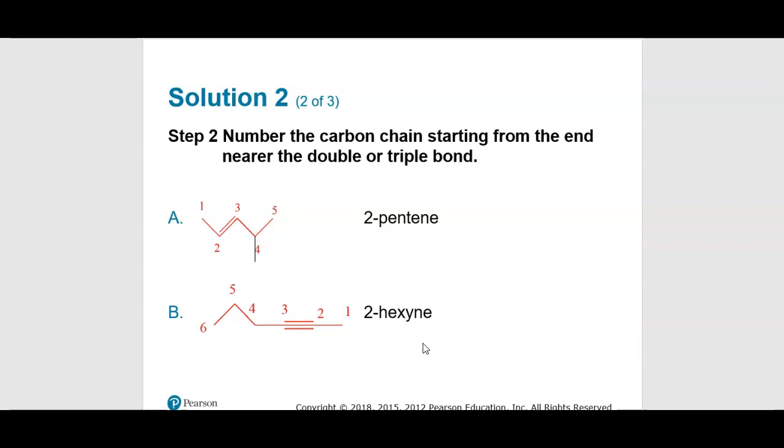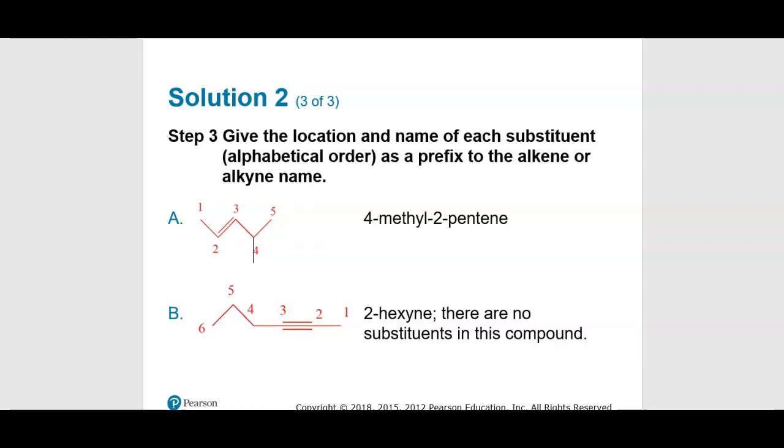Well, I'll learn what a carboxyl group is later, but that's a carboxylic acid and a double bond in the same molecule, and that's going to make it a little different because the carboxyl group is going to have priority over the double bond. So it gets kind of complicated, but it's systematic. The rules are understandable, but for now, we don't need to really worry too much about that. The basics of nomenclature is what we're doing. Okay, so you see it's 4-methyl-2-pentene and 2-hexyne. There's no substituents on that one.